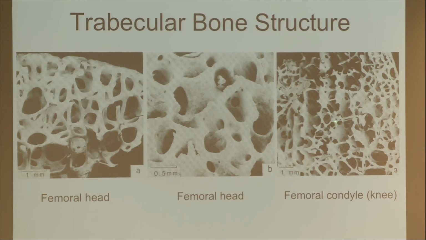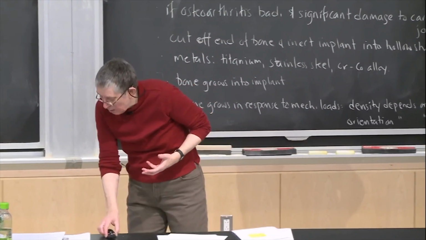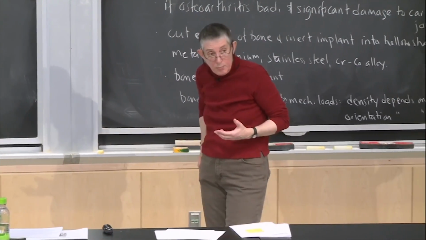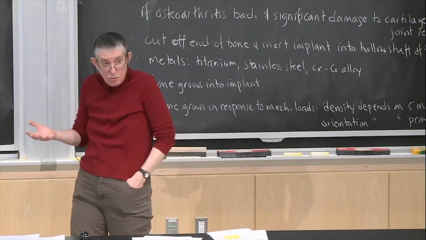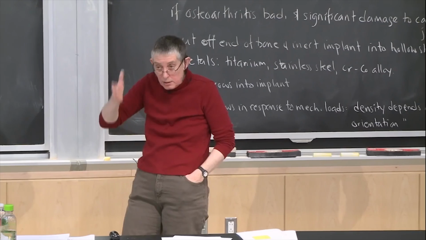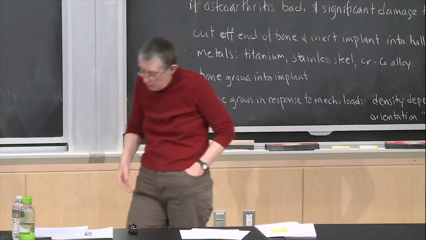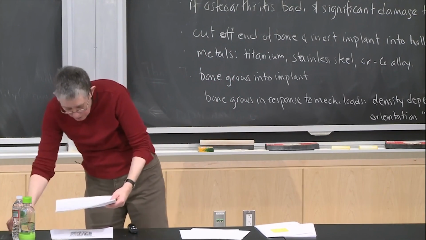And then there are little bits of bracing that go horizontally here. So you can get different structures depending on the loading on the bone, and the density of the bone corresponds to the magnitude of the load, and the orientation of the trabeculae corresponds to the orientation of the load.